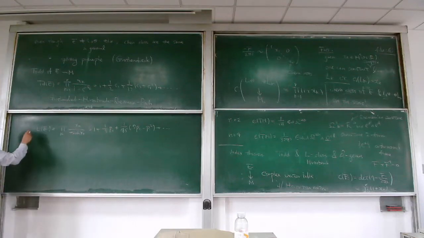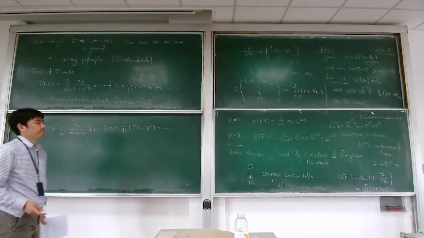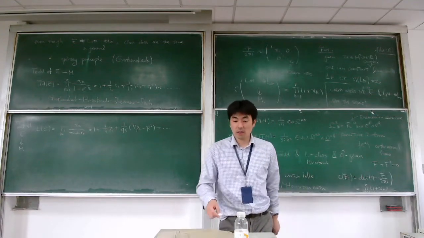So here is a real vector bundle E over M. So the L class is defined in this way.